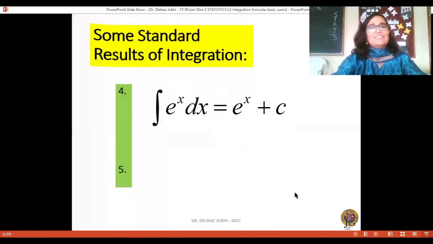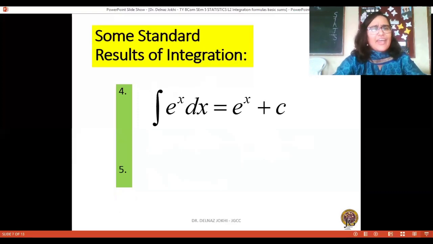Moving ahead. Standard results of integration number 4. Carefully look at your screen. Is x in the base? No. It is e^x, x goes in the exponent. It went up into the power. Very good. So e^x, my dear students, is an exponential function.